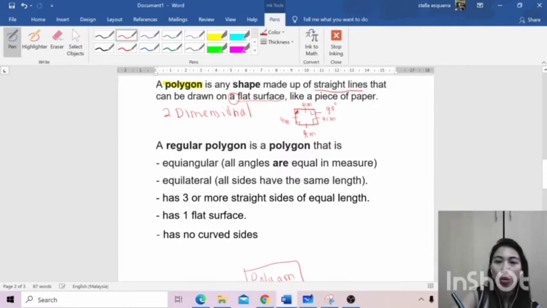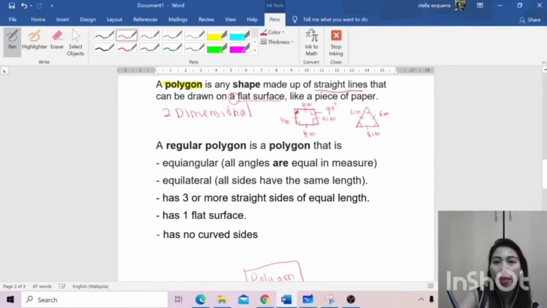So this square is, of course, one of the polygons. It has three or more straight sides, so you cannot have less than three. You can have three, for example a triangle, this type of triangle, with the same angles and the same length, for example 6 centimeters, 6 centimeters, 6 centimeters.